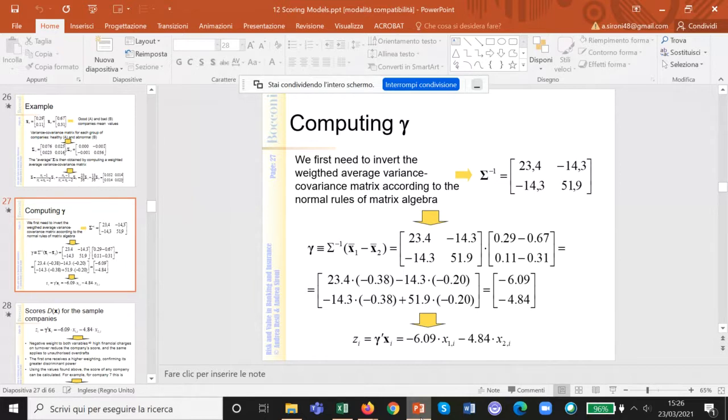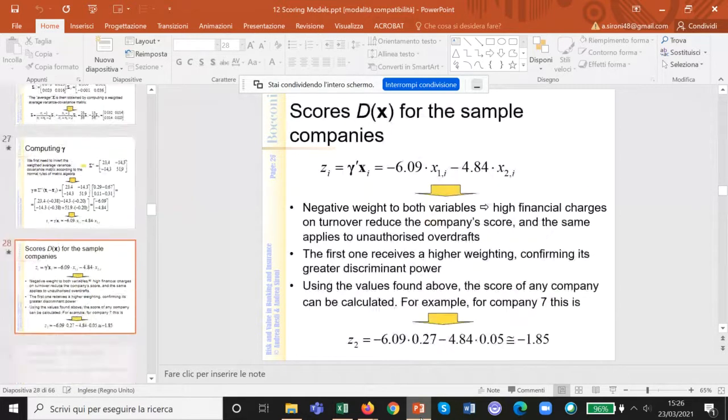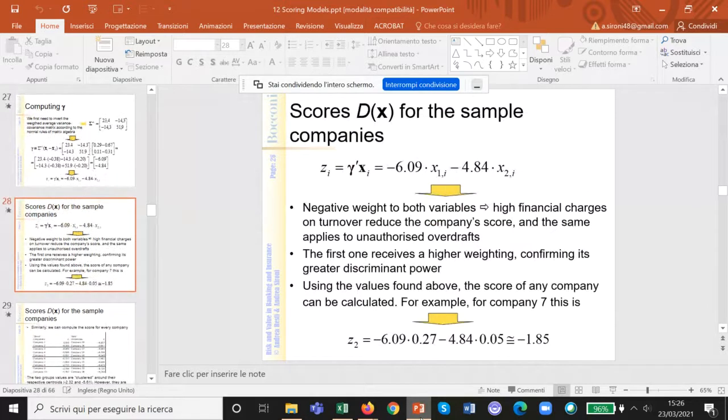Meaning that the better the company, other things equal, the lower the value of these variables, okay? Now, what about computing the score for one individual company, okay?